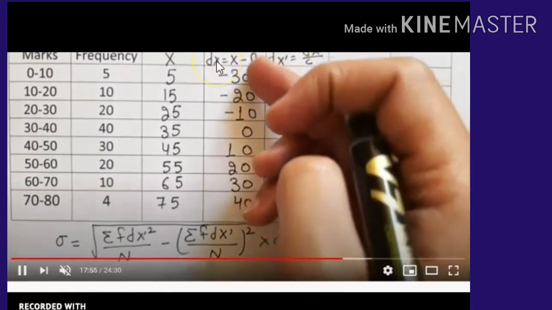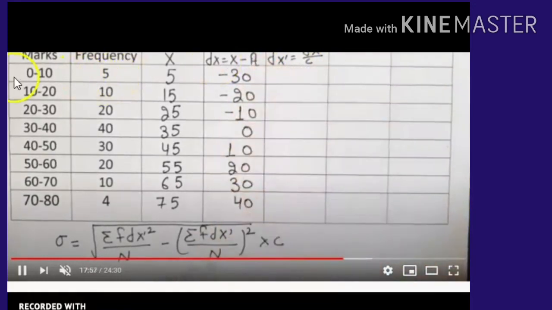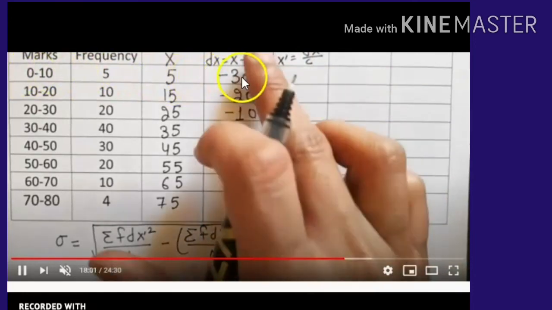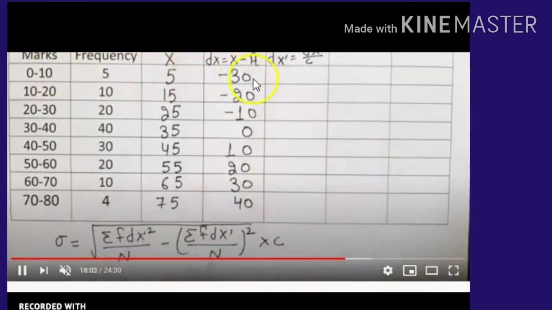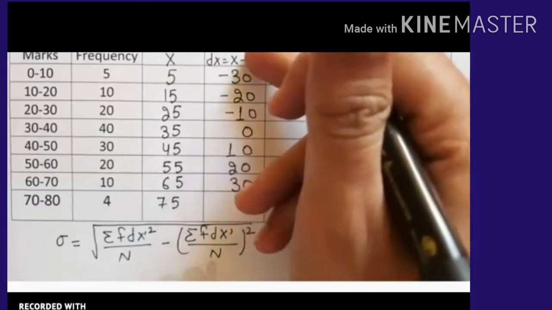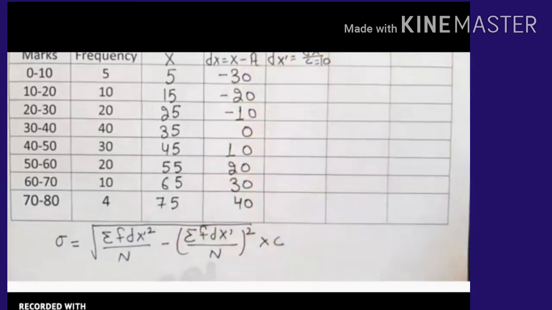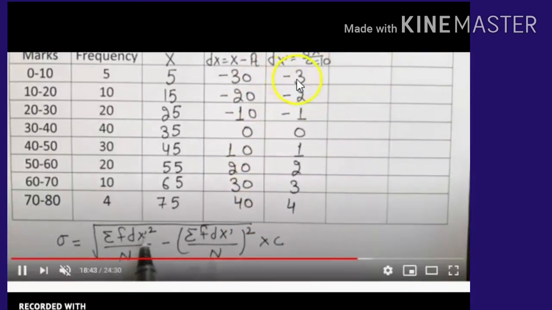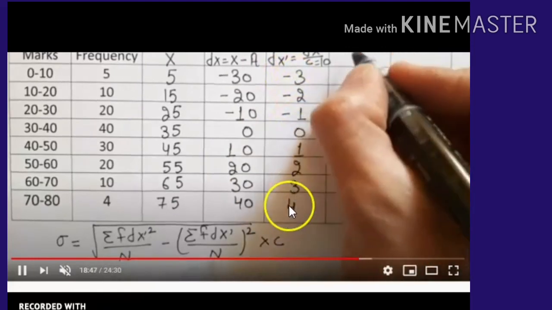So this column is divided by the common difference, here the class interval is 10. So 30 divided by 10 is equal to minus 3. Like that you have to write each value. The answers will be minus 3, minus 2, minus 1, 0, 1, 2, 3, 4.